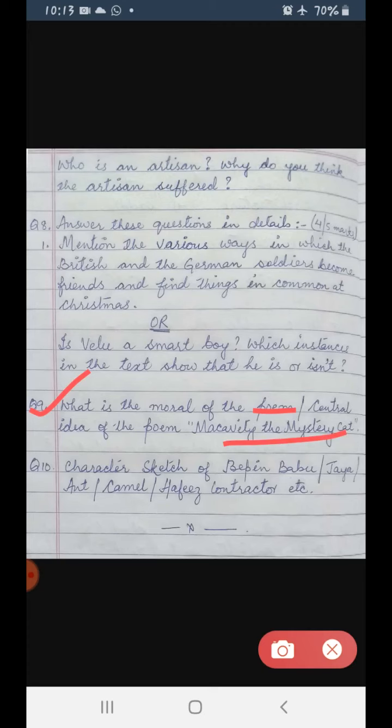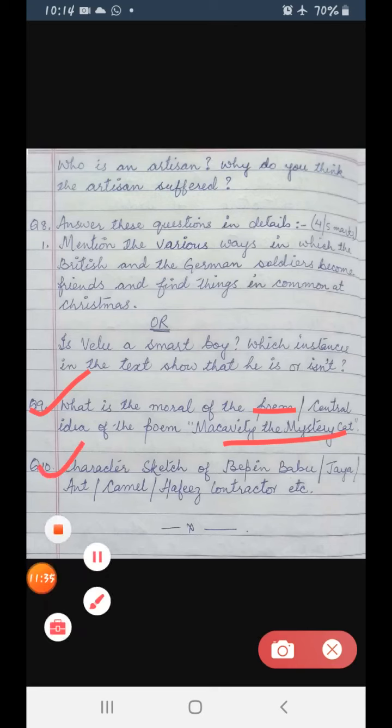I may give you what is the moral of the story, Bipin Chaudhary's Lapse of Memory, or The Treasure Within, or The Best Christmas Present in the World. Or I may give you the central idea of the poem Macavity the Mystery Cat, or The Geography Lesson, or The Schoolboy. Anything I may give you.